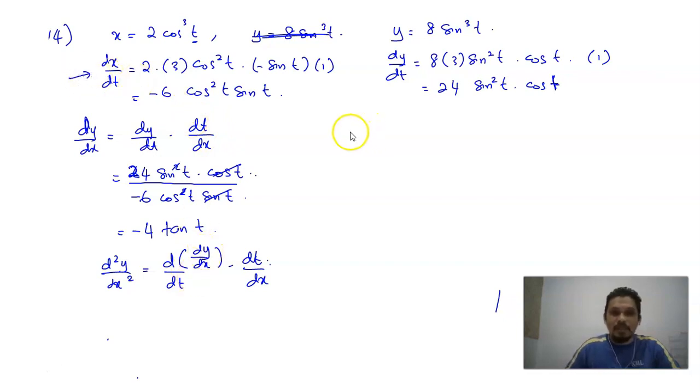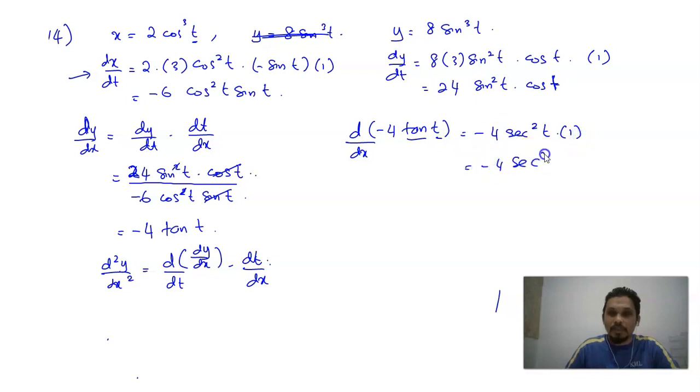So let's find out now. Differentiate dy/dx, which is negative 4 tangent t. Negative 4, differentiate the tangent, secant squared t, and differentiate t, it gives you 1. So negative 4 secant squared t.